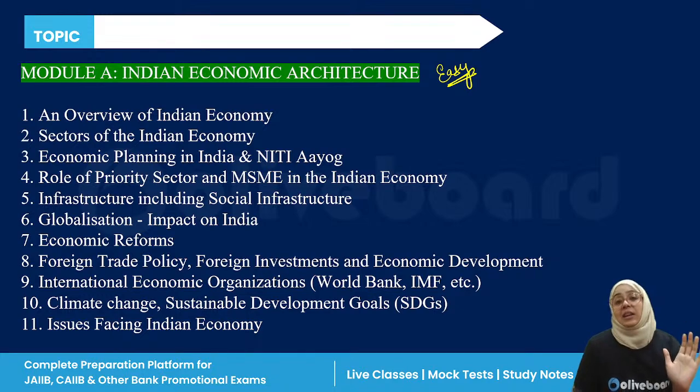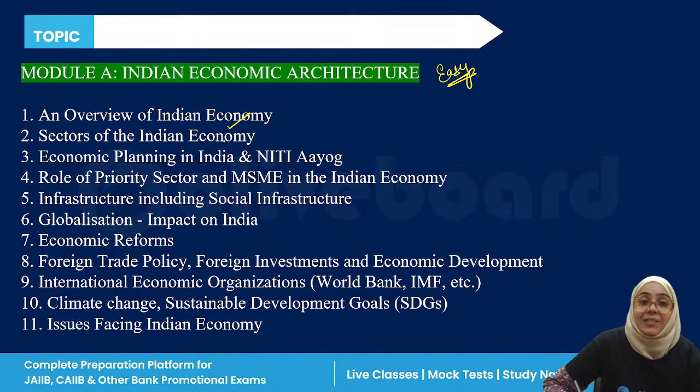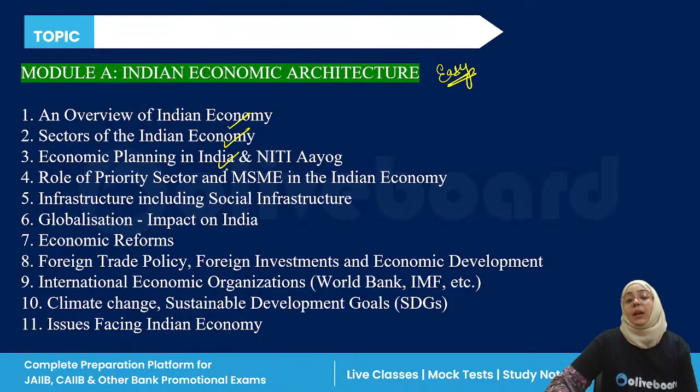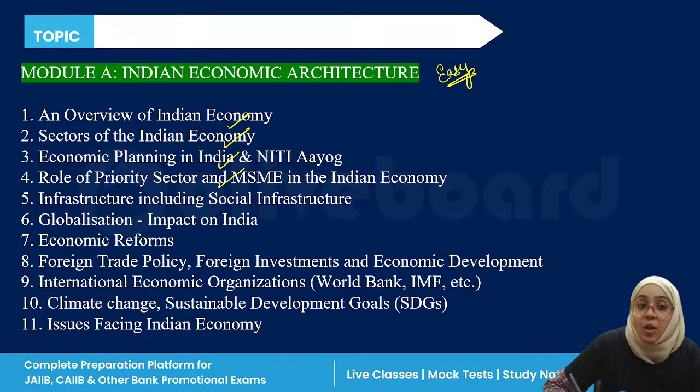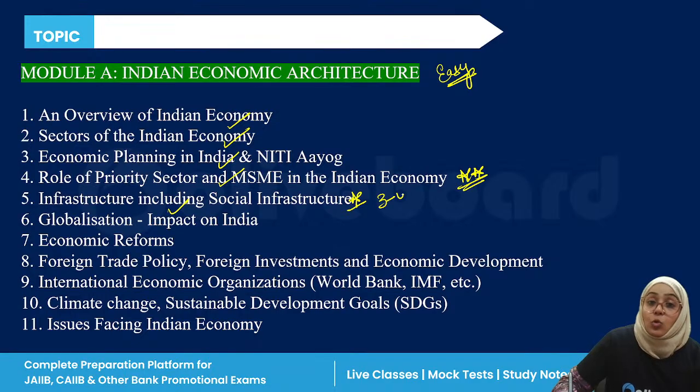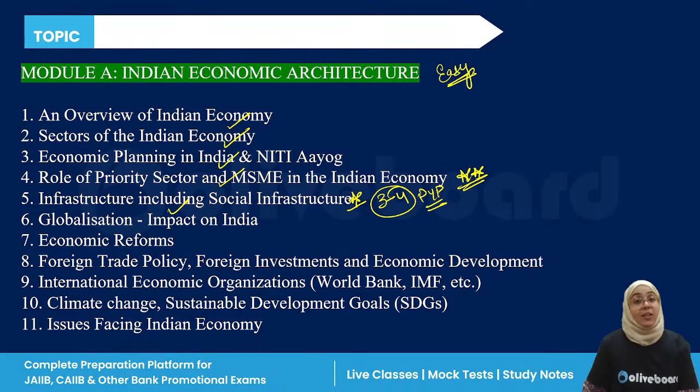It is all about Indian economic architecture: the overview of the Indian economy, the sectors of the Indian economy, economic planning, the role of the priority sector and MSME, a very important chapter. Then we have infrastructure, a very important chapter. At least 3 to 4 questions were asked in the PYPs from infrastructure.